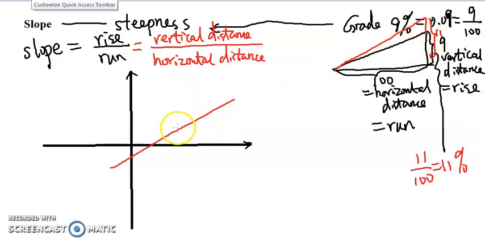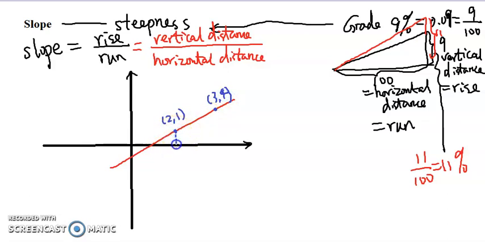So we can randomly pick 2 points, 2 positions. Say we start from here and drive up to there. Let's say this one is (2, 1), and this one has the coordinates (3, 4).